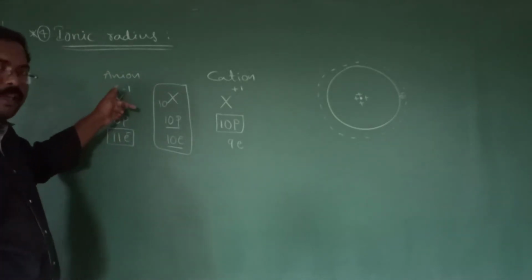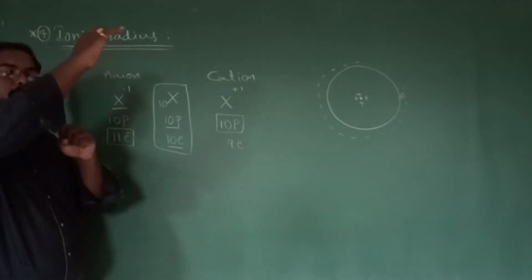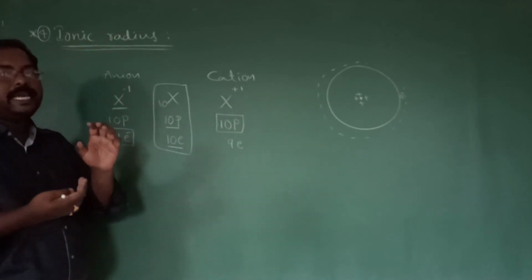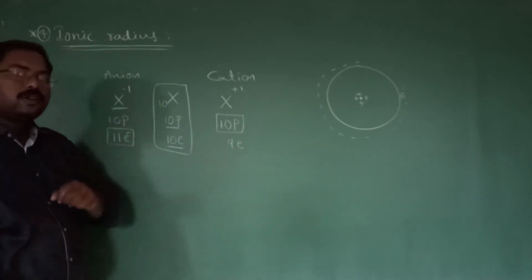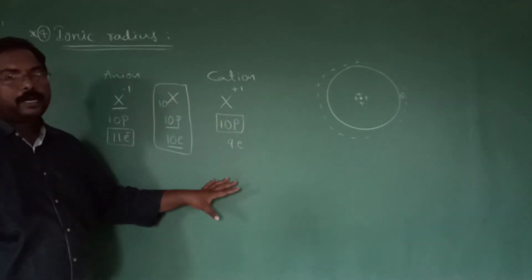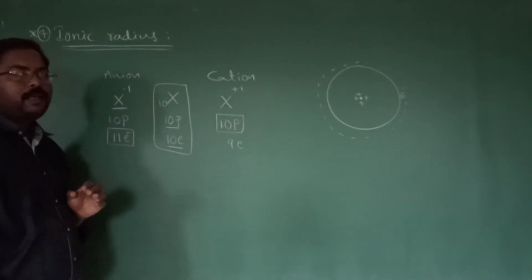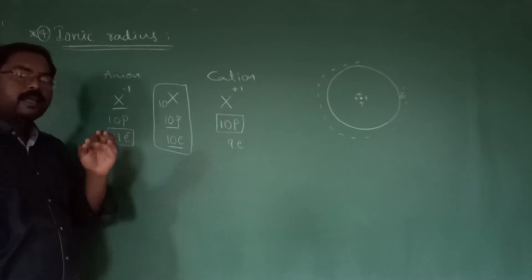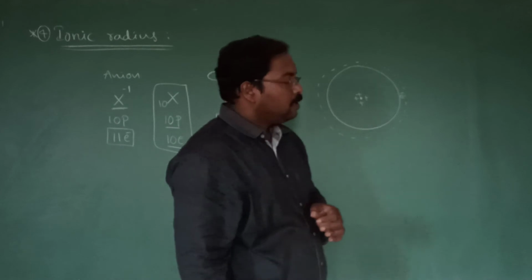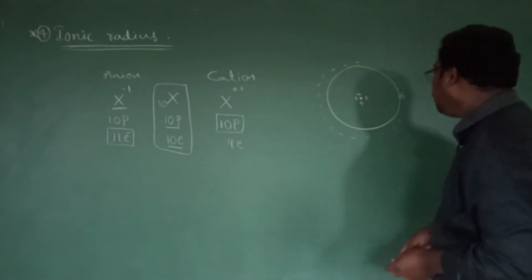In the case of an anion, the nuclear charge is less, so the electron cloud will move somewhat away from the nucleus. So the size of the atom increases, and the atomic radius also increases. This comparison is very important because in previous year questions based on this concept, many times they ask, including state-wide as well as national exams. So first, if you understand the concept, then we will discuss some questions based on this.